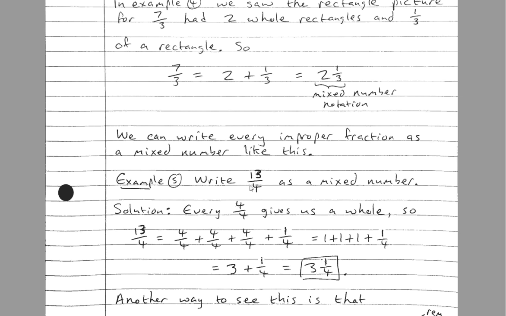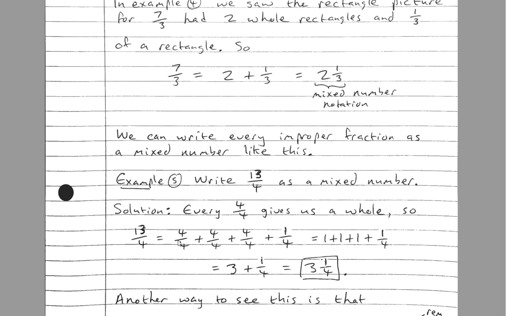So how many whole numbers are in here? We're talking about quarters, so every 4 quarters gives us a whole number, gives us a 1. So inside that 13, how many 4s are there? Well, 13 is 4 plus 4 plus 4, that's 12, and there's 1 left over.